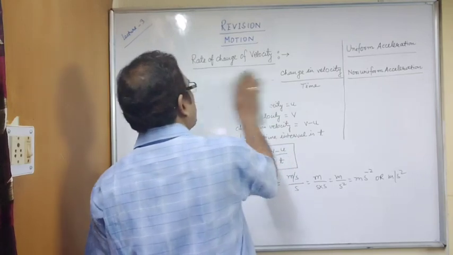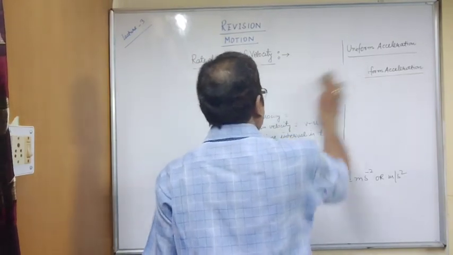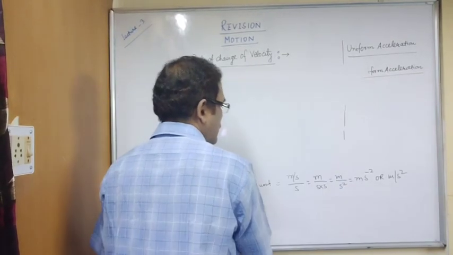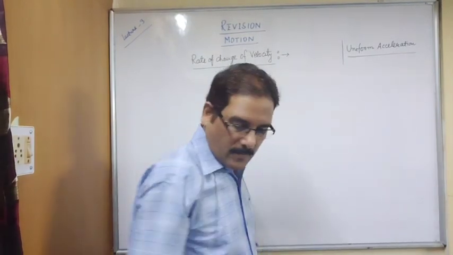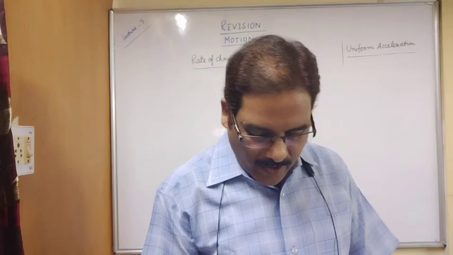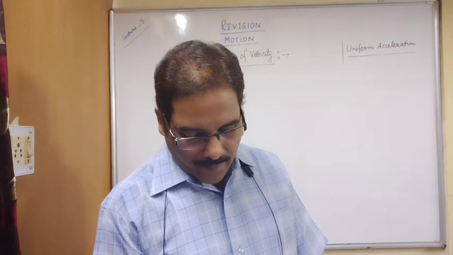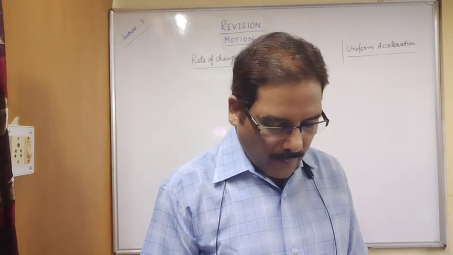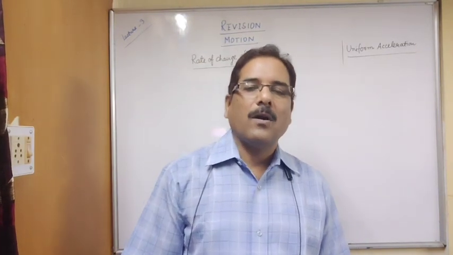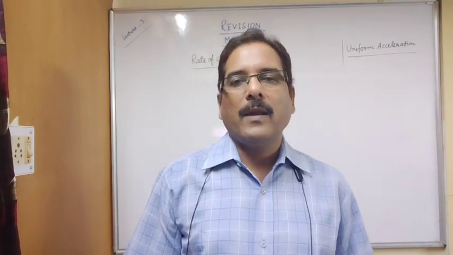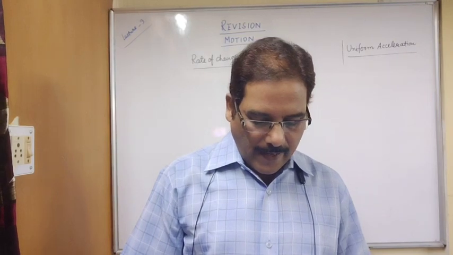So first question is, I think, the definition of these two terms. When will you say a body is in uniform acceleration? So I think you can write the answer. The body is said to be in uniform acceleration if its velocity increases or decreases by equal amount in equal interval of time.